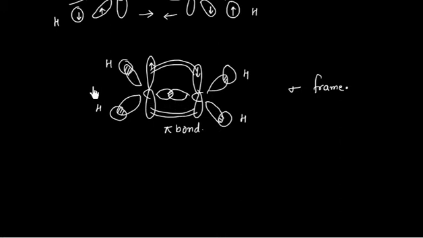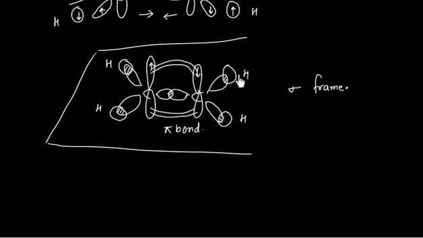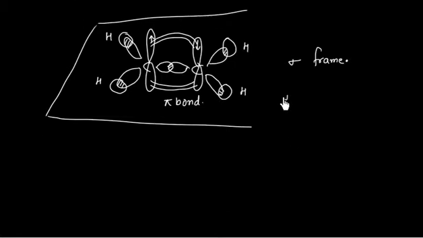The sigma frame lies in one plane and the pi frame is perpendicular to the sigma frame. So the sigma frame of alkene is planar. The pi bond is perpendicular to the sigma plane.